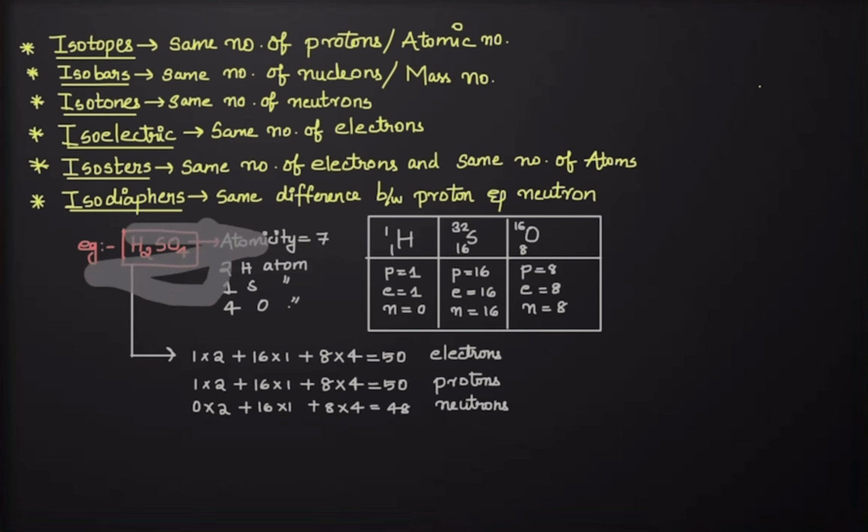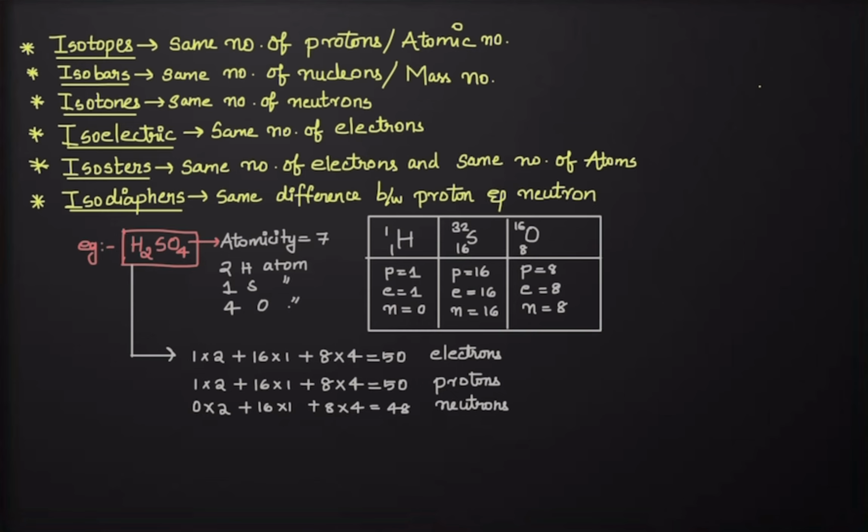In case of H2SO4, the atomicity is equal to 7. Atomicity equal to 7 means 2 hydrogen atoms, 1 sulfur atom and 4 oxygen atoms, right? Hydrogen is H 1 1, sulfur is 32 16, oxygen is 16 8.